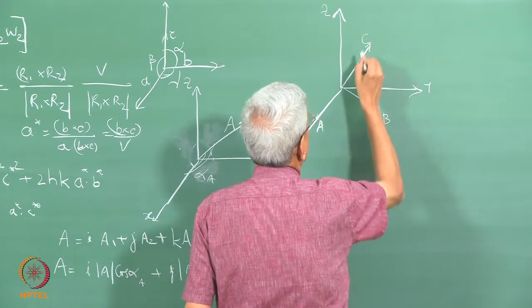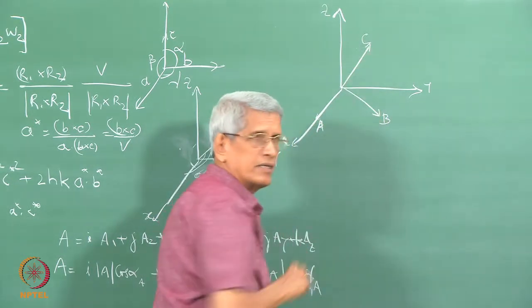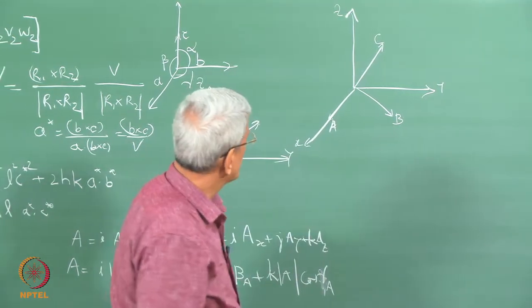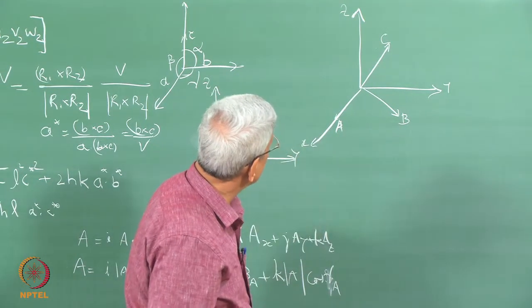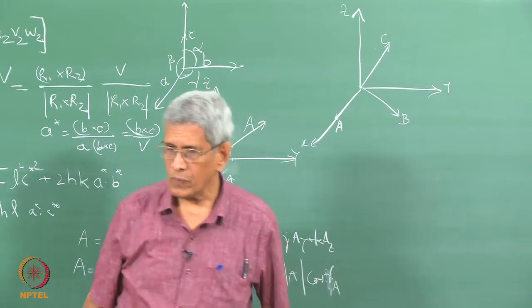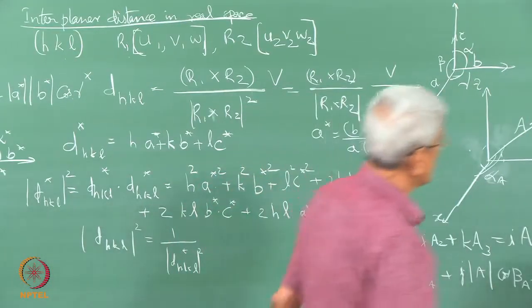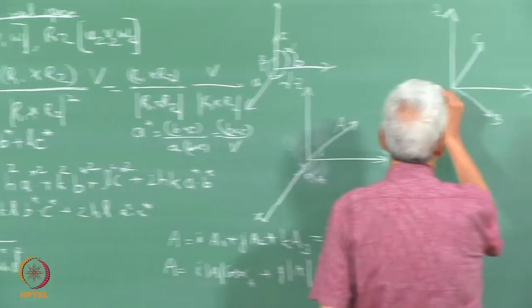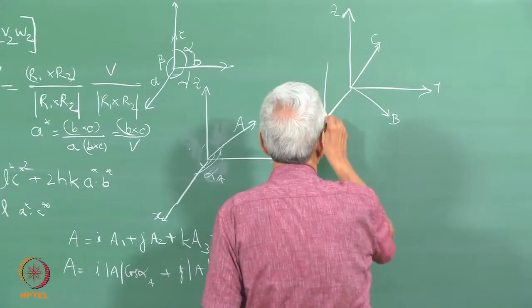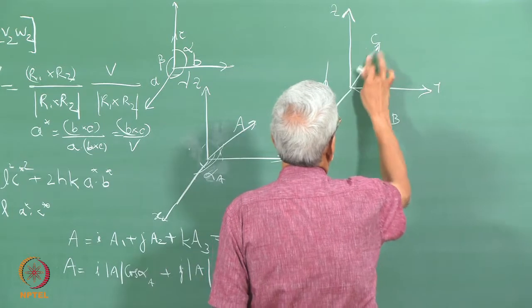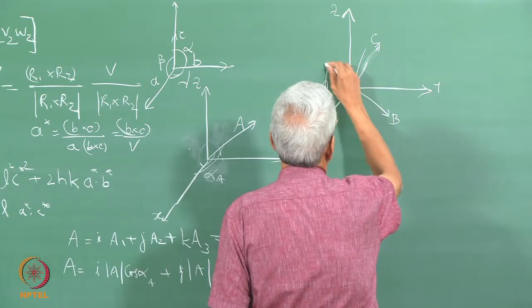These are the translational vectors in these directions. With these vectors, we could now construct a unit cell.